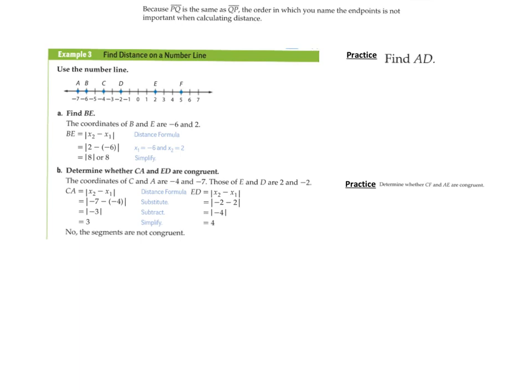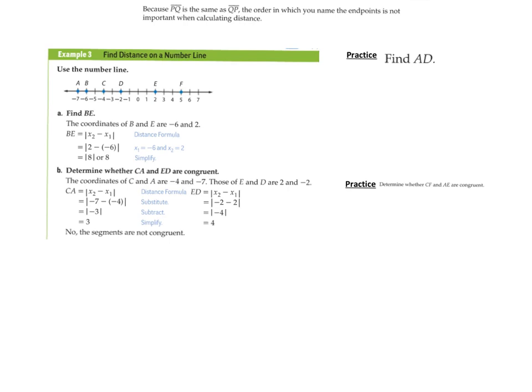We want to determine whether CA and ED are congruent. That is to say, we want to see if CA has the same measurement, the same length as ED. Well, CA, our C value is -4, our A value is -7, so we're looking at the segment here. Well, that's going to give us -7 minus -4, absolute value of -3, or 3.